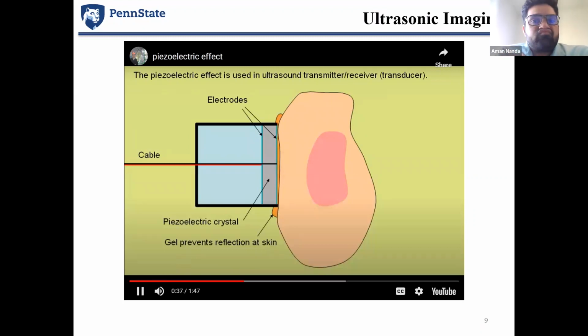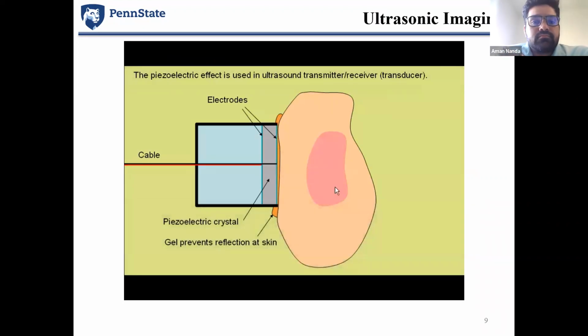Receiver or transducer. This is the part of the body under investigation, and a gel is placed between the transducer and the body to prevent reflection of the ultrasonic waves at the skin. Here we have the piezoelectric crystal with electrodes either side attached to a cable which will be connected to the computer.